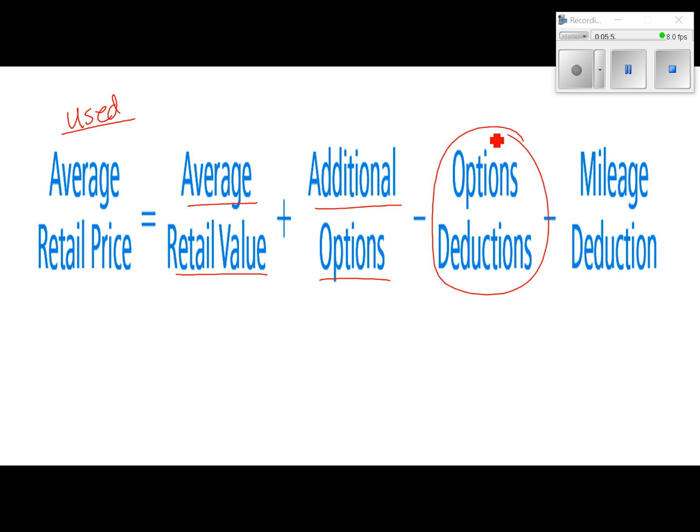The option deductions, that was things that they deducted, like if the car didn't have air conditioning, if the car didn't have power brakes or something. We had a chart for that. And then the mileage deduction, deduct money because if it's got miles above what the average car has on it, then you deduct it. And there was a chart for that also.